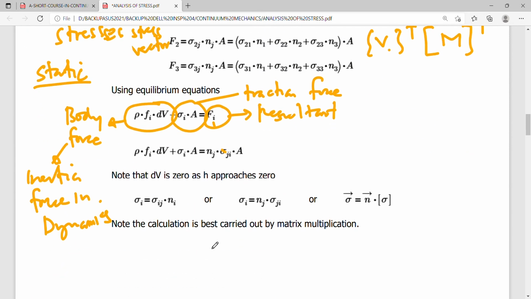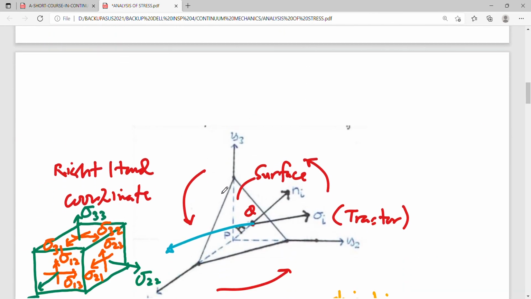So take note that the differential volume will approach zero as h approaches zero here. If we are considering a very small infinitesimal element, then your h distance here from P to Q will actually be approaching zero.